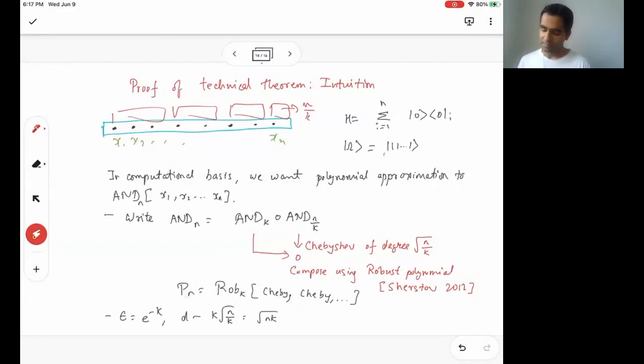And this approximation is so nice that it achieves an error exponentially small in the number of variables, the number of variables of the outer AND. And the degree roughly scales as the degree of the Chebyshev times the number of outer AND, that's k. This goes like root nk. And if you notice here, then this is basically equal to root n log 1 over epsilon.